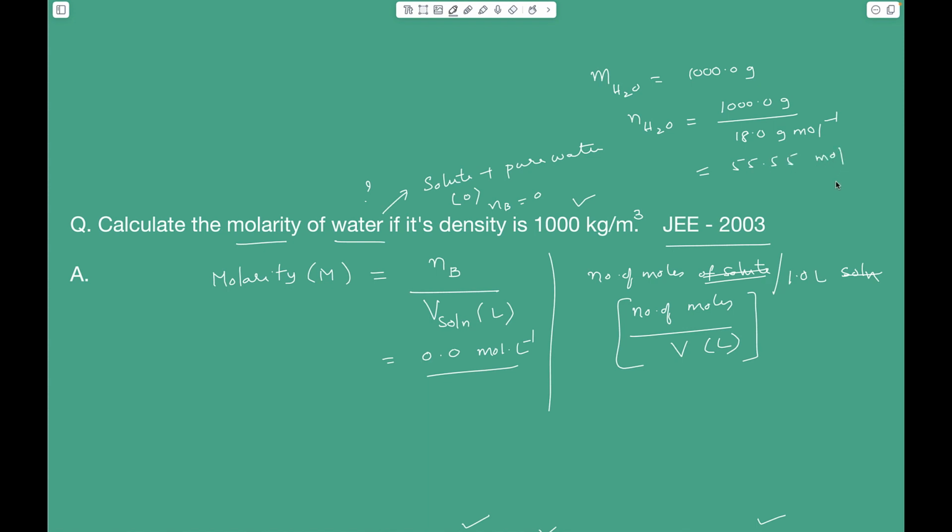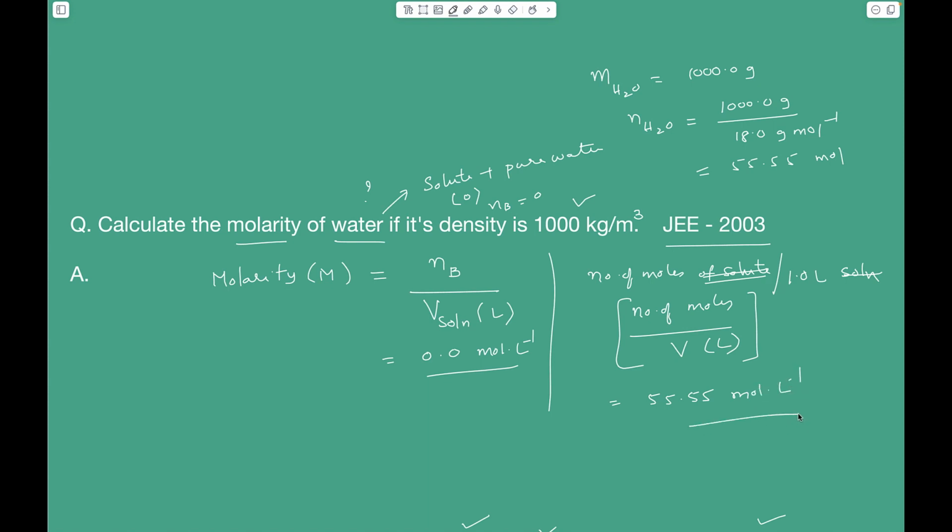So you say 1 liter of water has 55.55 moles of water, so the molarity of pure water is 55.55 mole per liter.